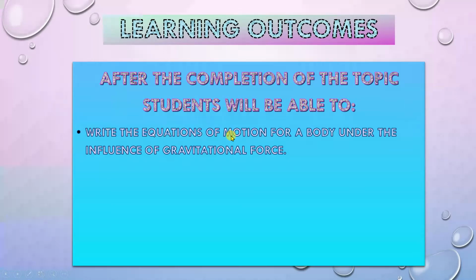How will they change? We are going to study them. Remember the equations of motion? Yes, v equal to u plus at, s equal to ut plus half at square, and v square minus u square equal to 2as. All these three equations will have certain changes due to the gravitational force, and we are going to study them.